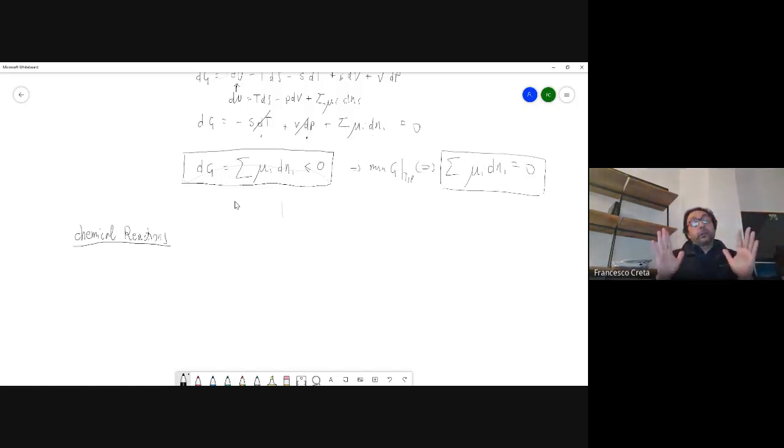We're still in the realm of equilibrium thermodynamics, or thermostatics, right? There are no real processes. There are only equilibrium processes. Remember this?